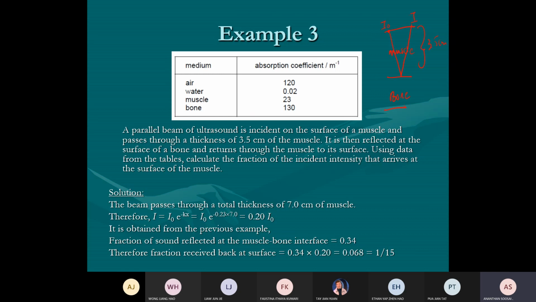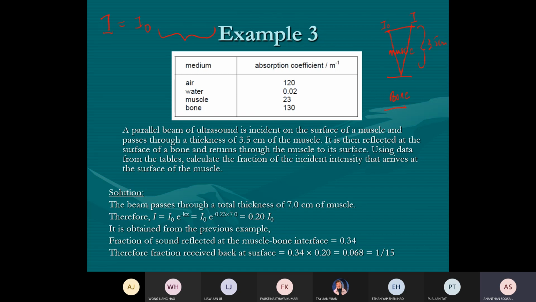E to the negative kx for absorption. So the final intensity I equals I naught, and you have to multiply by the absorption, reflection, and everything.